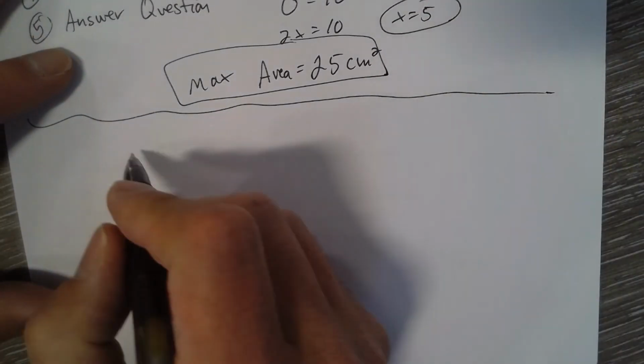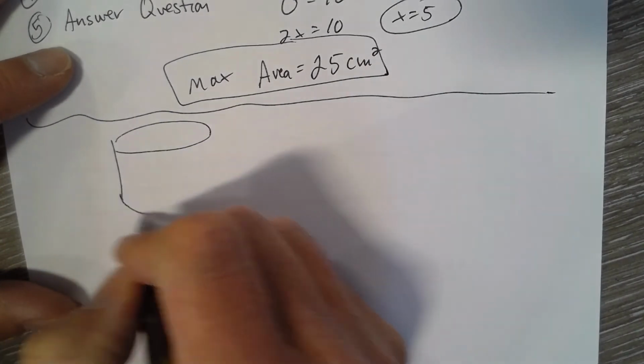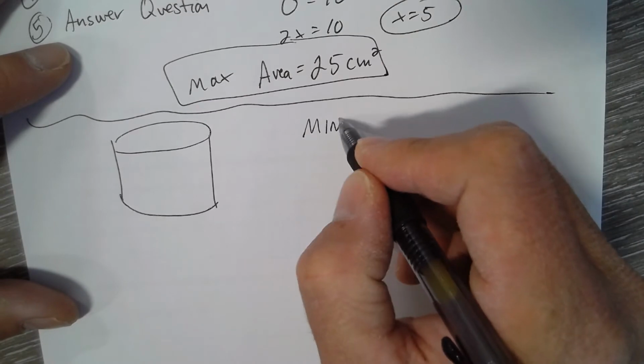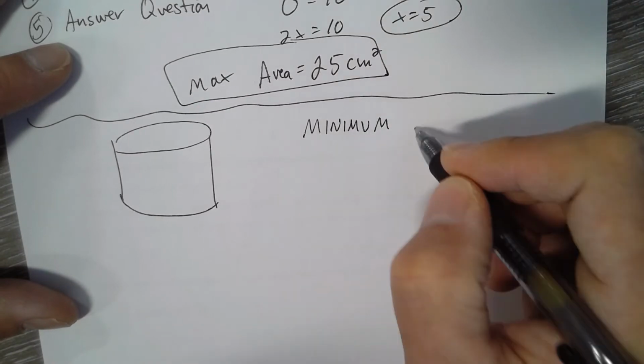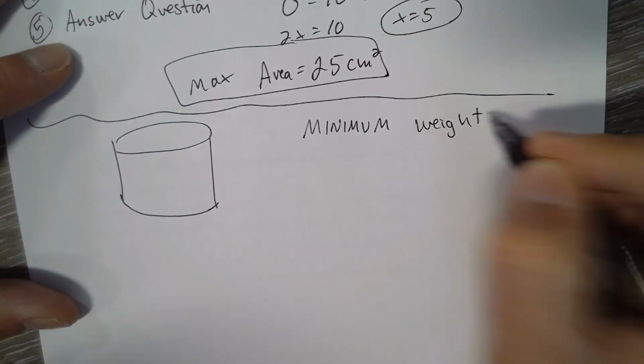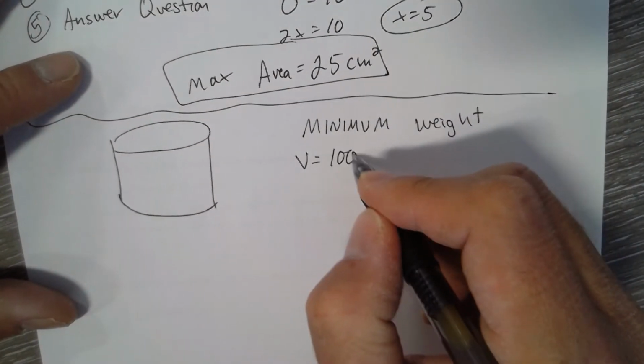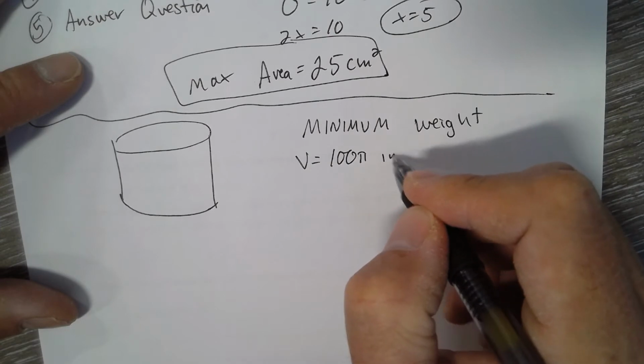Alright, so let's say we've got a cylinder and we want to find the minimum weight of the cylinder, when the volume is, we'll say, 100 pi inches cubed.